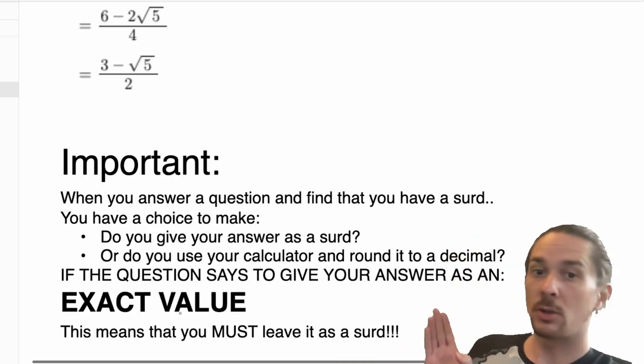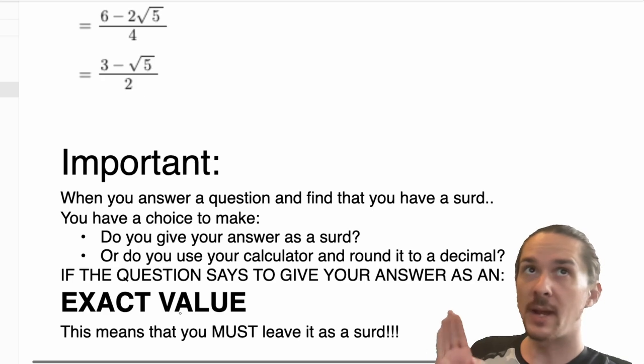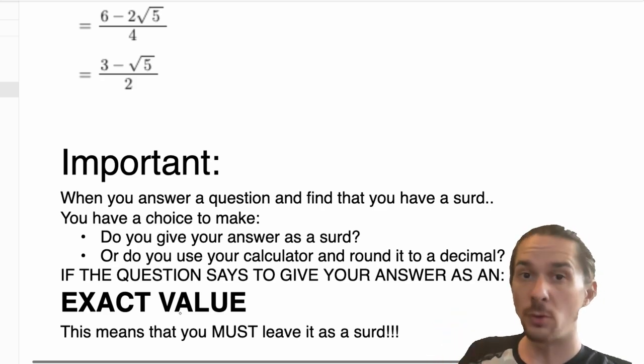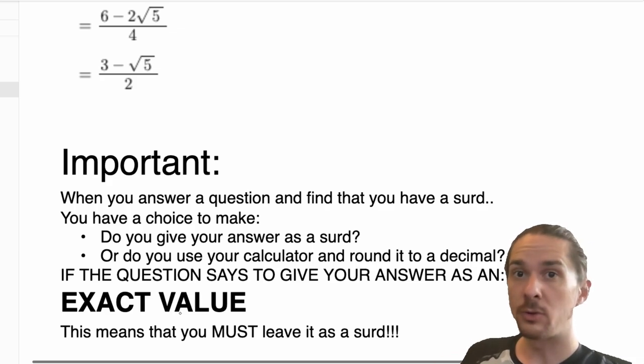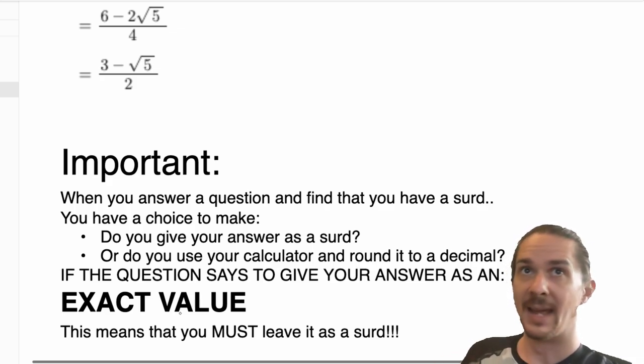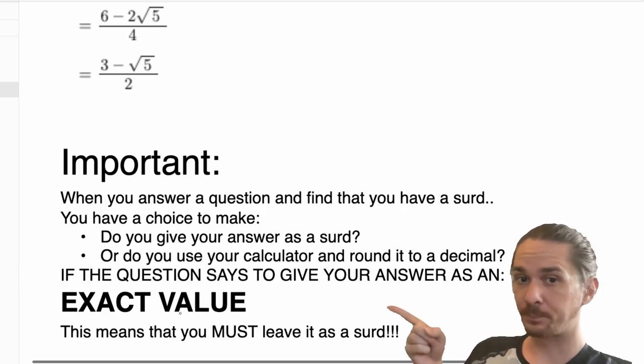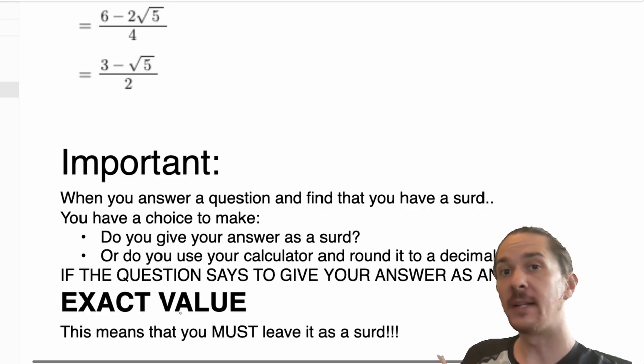When you answer a question and find that your answer is a surd, you have a choice to make. Do you give your answer as a surd, or do you use your calculator and round your answer to a decimal? If the question says to give your answer as an exact value, then you must leave it as a surd.